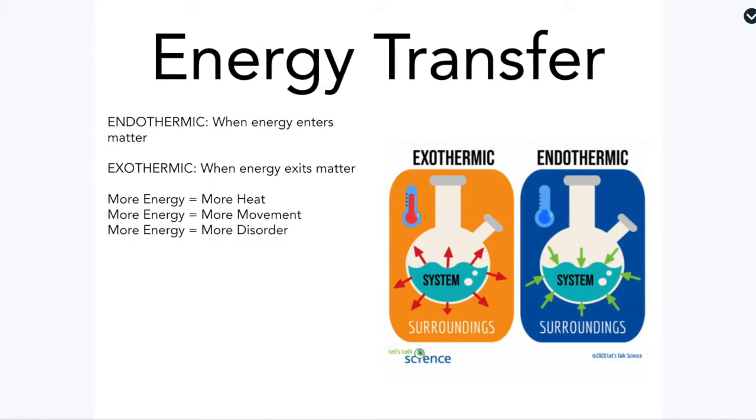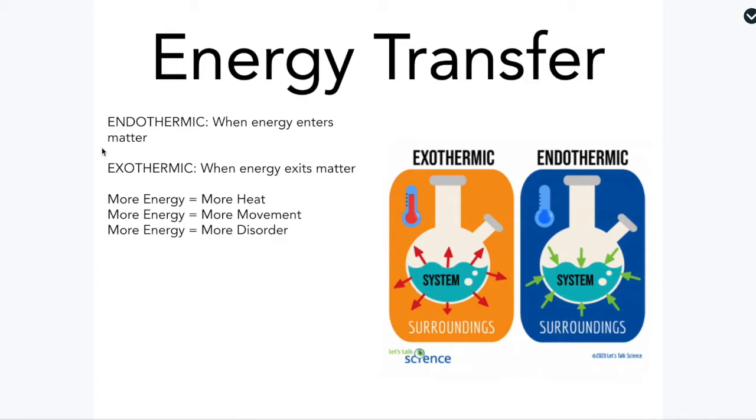All right. So before we can continue our discussion about phase changes, we actually need to talk about the role of energy in phase changes, and we need to talk about how energy moves, or energy transfer. And in reality, there are two types of energy transfer: energy either going in or coming out. And we have two different words for this.